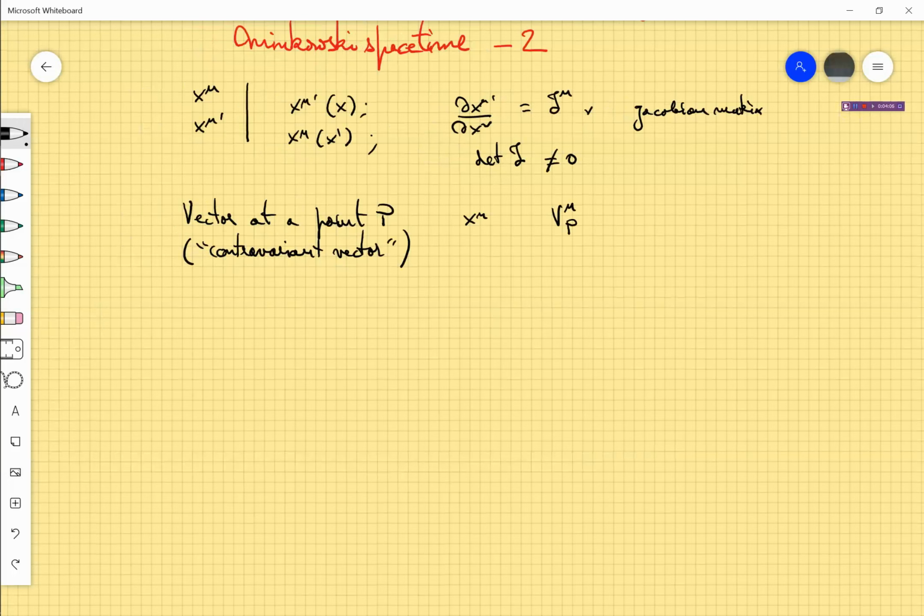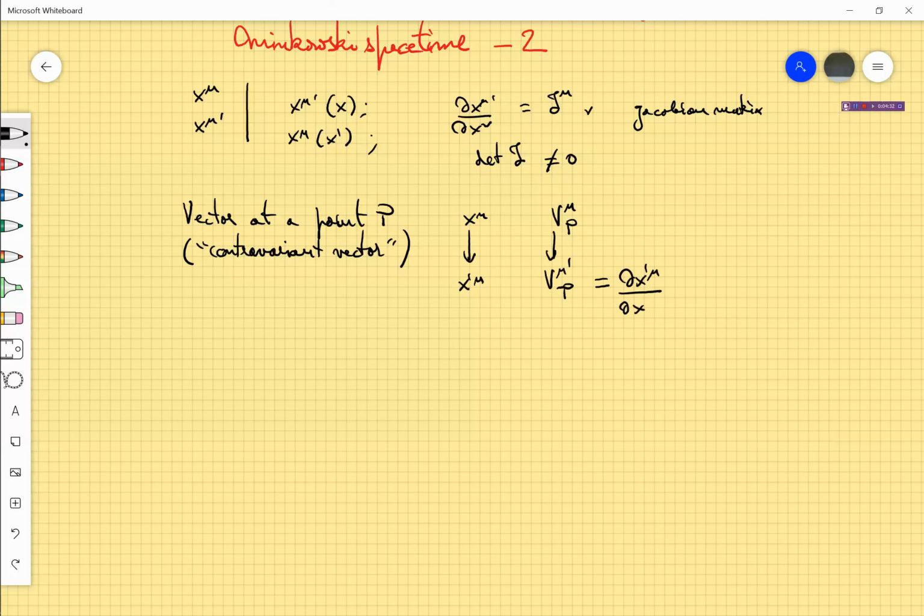And the property that tells you that these components are the components of a vector is that when I go from x mu to x prime mu, to this new reference frame or coordinate system, these components also change, and they change in a very precise way.